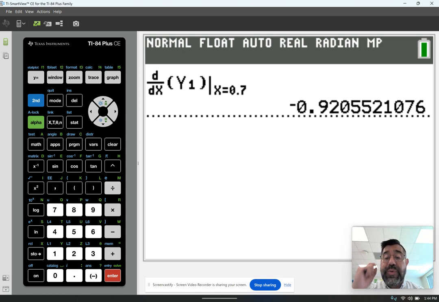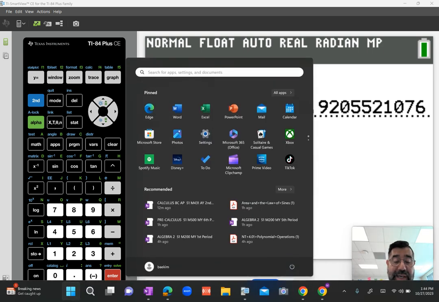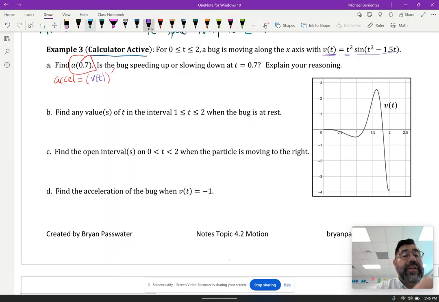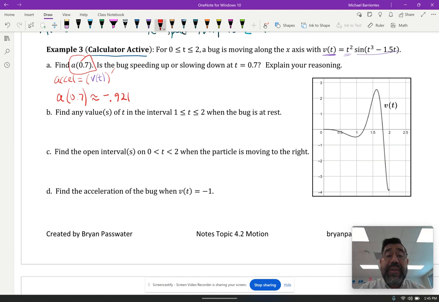So negative 0.921. So I come over here and I say, hey, I found the answer to my acceleration. A of 0.7 is about negative 0.921. Awesome. I answered the first part of the question.